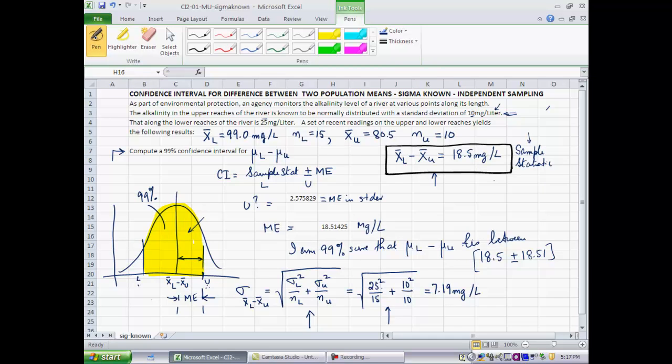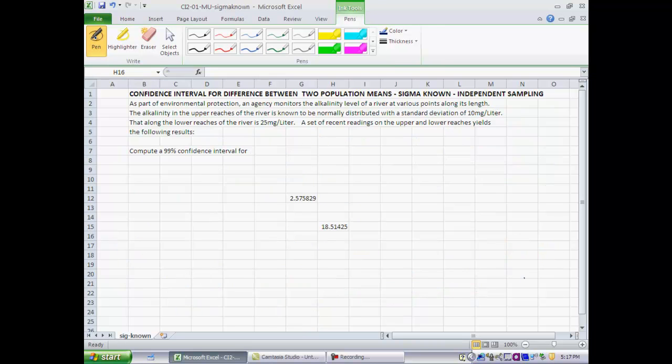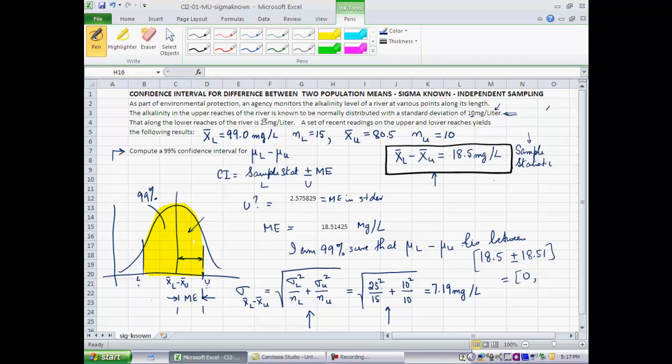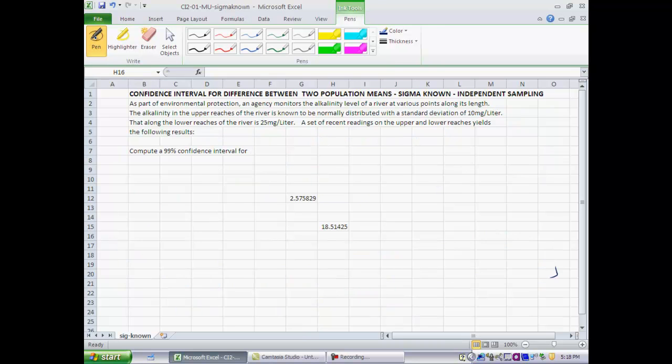So approximately, do you notice this range is between 0 and 37 milligrams per liter. So this is dangerously close to 0.